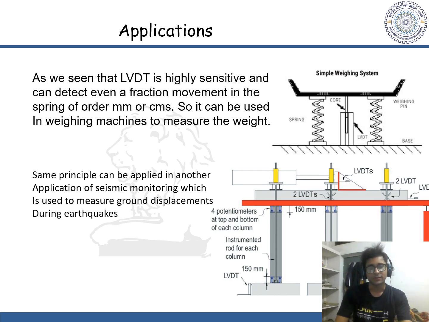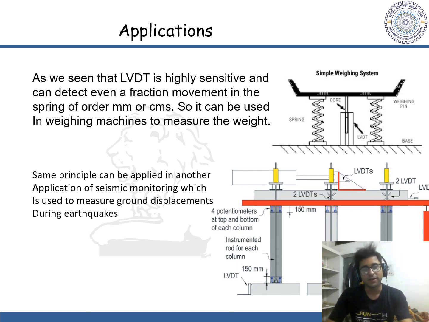This is a simple weighing machine which we use in our regular homes, which contains a spring in a zigzag pattern. The weight of the source or measurable quantity is applied on top of it so that it balances the spring, and even a fraction of change in the displacement of the spring leads to a change in the magnetic field of the LVDT, which further generates a change in the EMF, which can be measured directly at the output of the LVDT.